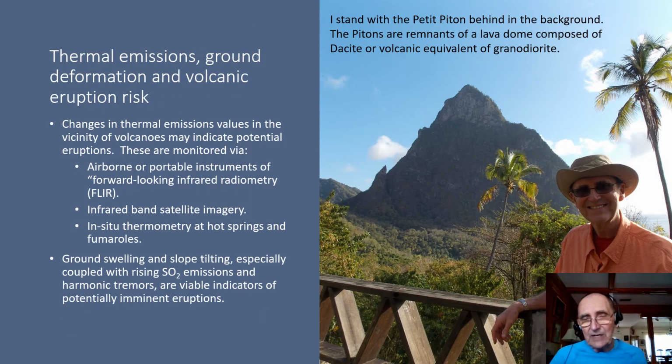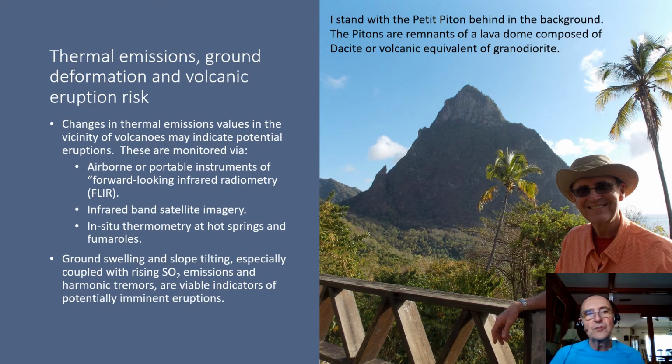Other techniques to try to predict an imminent eruption are monitoring thermal emissions as well as ground deformation. Changes in thermal emission values in the vicinity of a volcanic cone may indicate potential eruptions. Now, how do we monitor these?